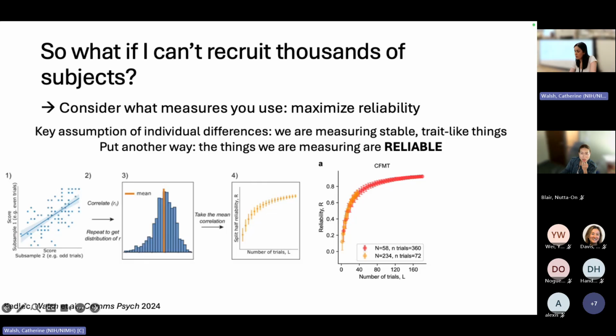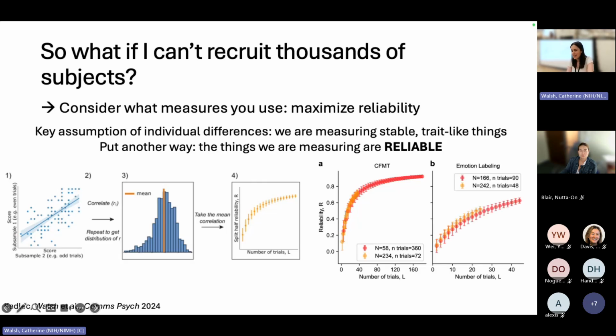And results varied. So what I'm showing here is that for the Cambridge face memory task, a task that's widely used in the face memory literature, we do eventually get a stable mean, that we are able to get a score that is the same across trials. But what was interesting is that the number of trials it took to reach an acceptable level of reliability varied drastically, and it did not always coincide with the number of trials that were actually in the task.